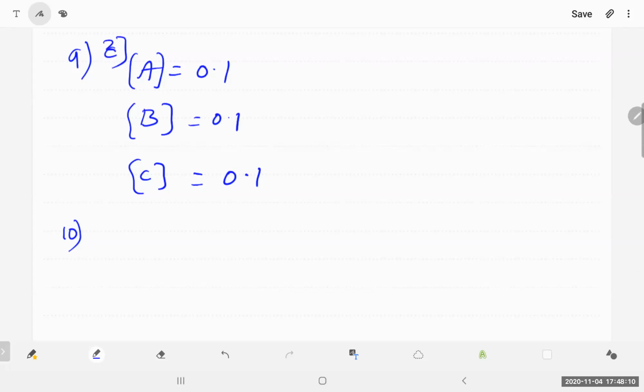Third option is correct. Rate expression for xA plus yB gives rise to products is rate is equal to K into A to the power of m and B to the power of n. Units of K with respect to A and B. With respect to A, unit of K is per second. That means it is first order.